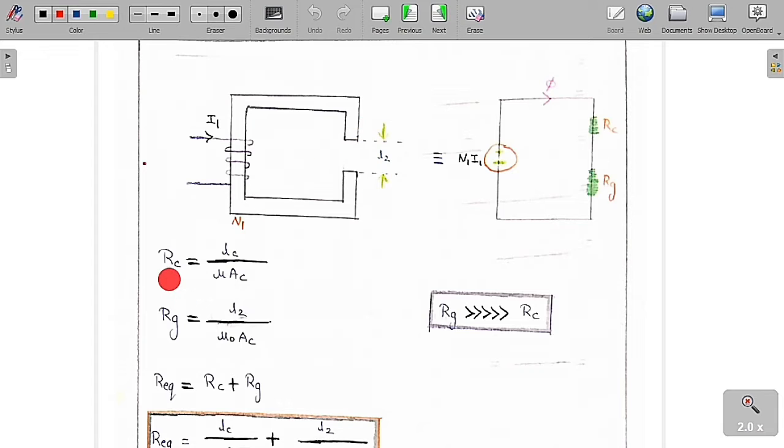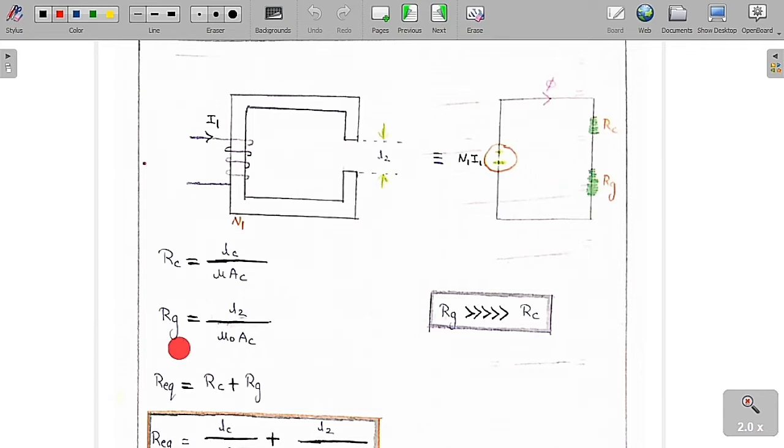The reluctance of the core is RC equals LC by mu into AC, where LC is the mean length of the core, mu is the permeability of the core, and AC is the cross-section area of the core.